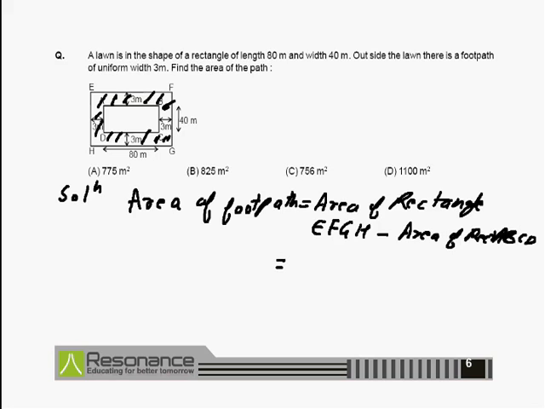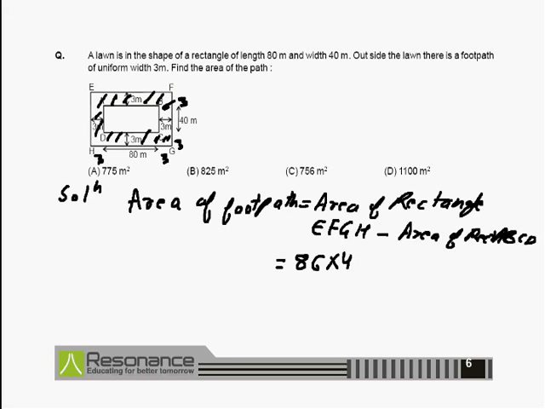So the length of HG is 80 plus 3 plus 3, that is 86. And the width, that is GF, is 40. So this is also 3 meter, and this is also 3. So the total length of FG is 40 plus 3, 43, plus 3, that is 46.